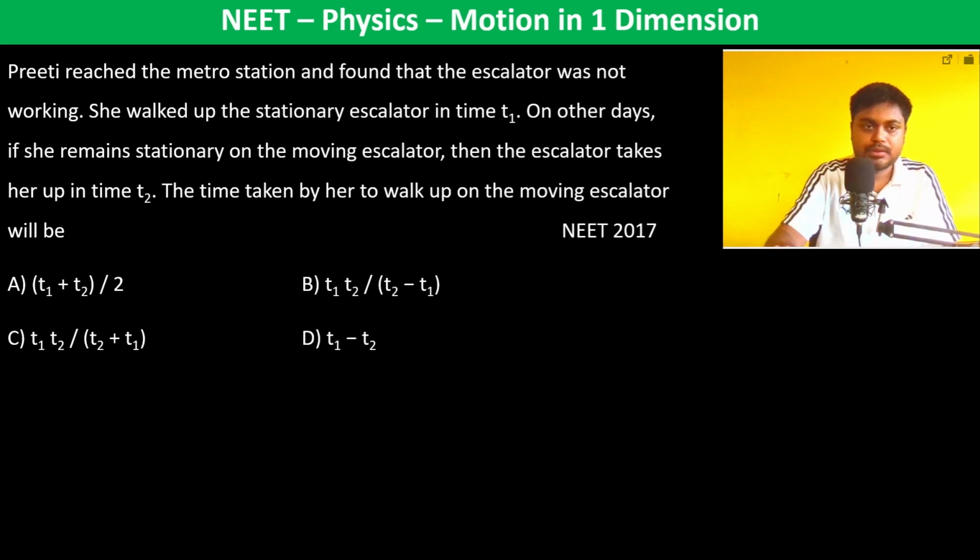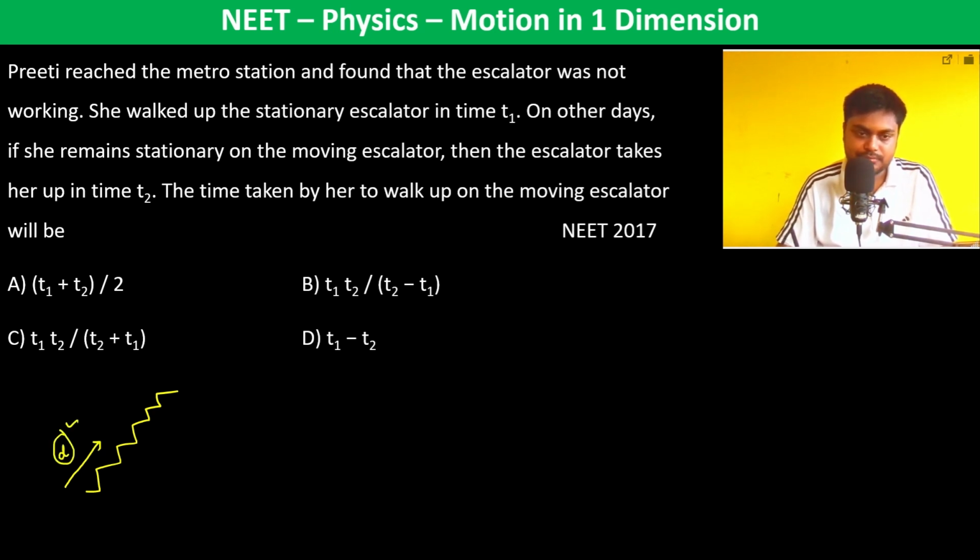Thank you. Preeti reached the metro station and found the escalator is not working. She walked up the stationary escalator in time t1. So let us say this is the escalator and the distance to be covered is d, so that much distance has to be covered.